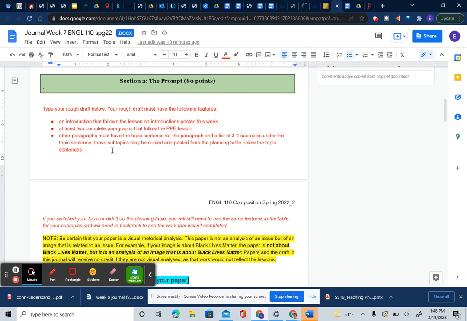When you look at the sample papers, you might want to count how many paragraphs they have. That'll give you a sense of how many the paper will have. You will probably have a minimum of 6 paragraphs in your paper if you are looking for a guide. So I'm just going to put a note here to have at least 4 total paragraphs, and that's including the 2 that are completed.